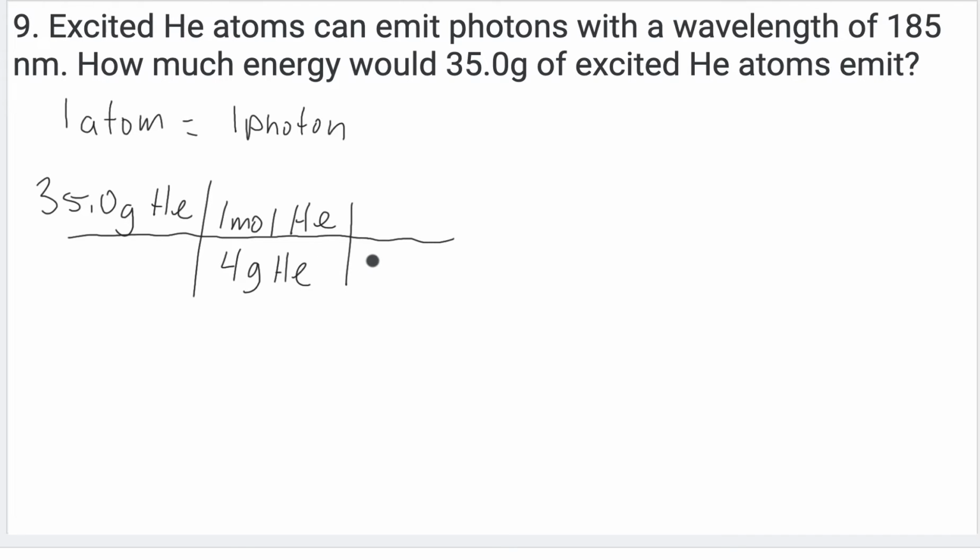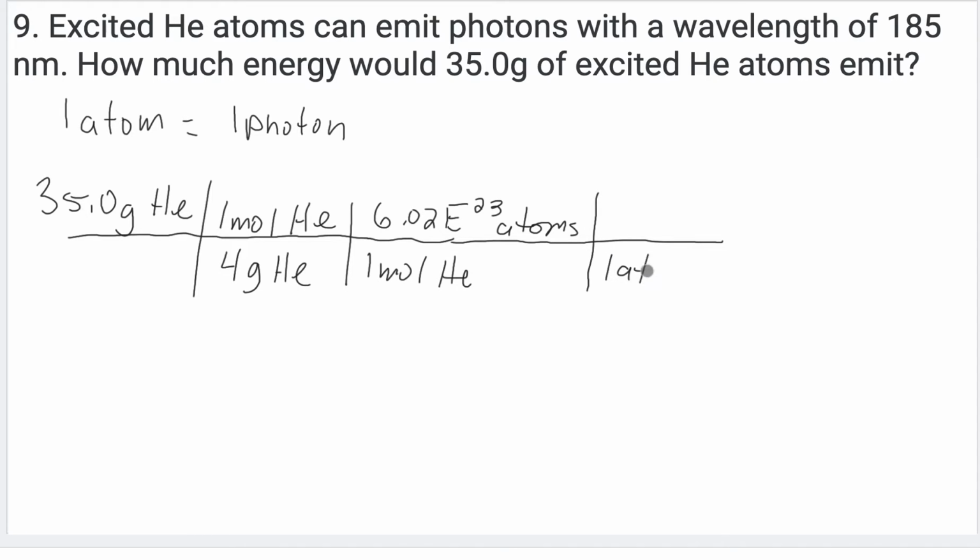And in 1 mole helium, there are 6.02 e to the 23rd atoms. We're not going to stop there though. We're going to say that in one atom, it's going to emit one photon. And then here's what we've got to figure out: in one photon, how much energy is there? How many joules are there?